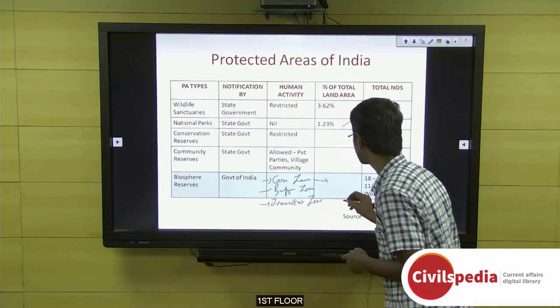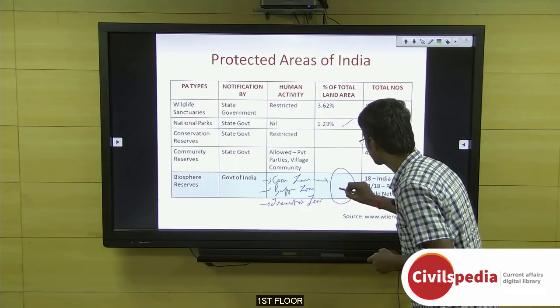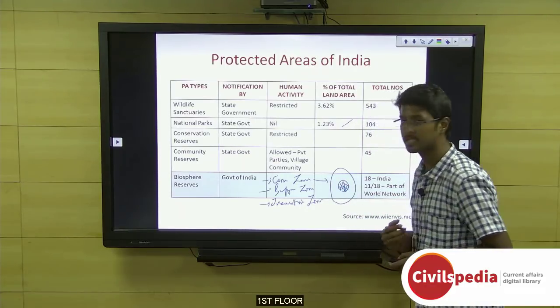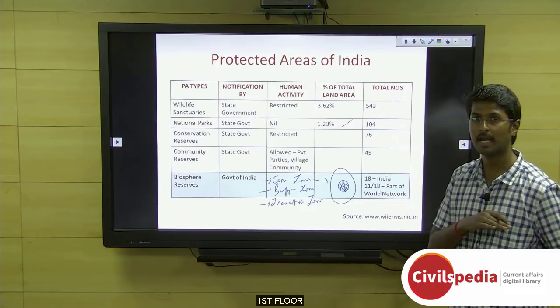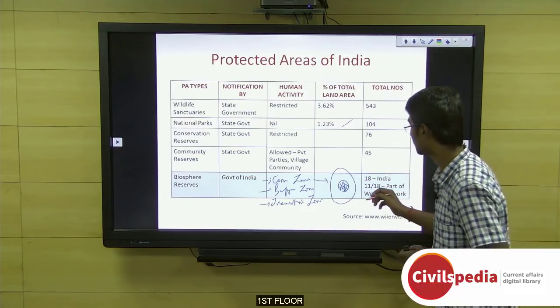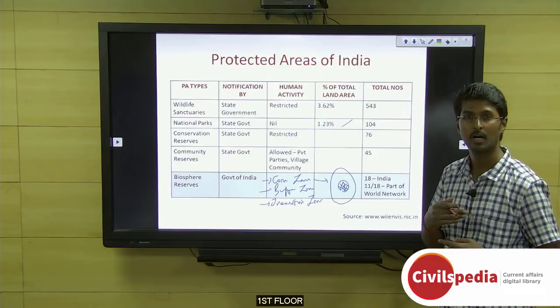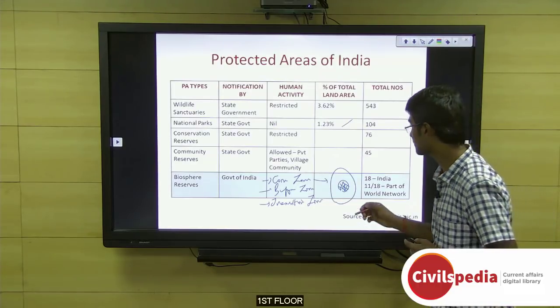So the core zone is the area located very central to that particular biosphere reserve, where human activity is entirely restricted. Only with the permission of forest officials can one go for scientific or research purposes.